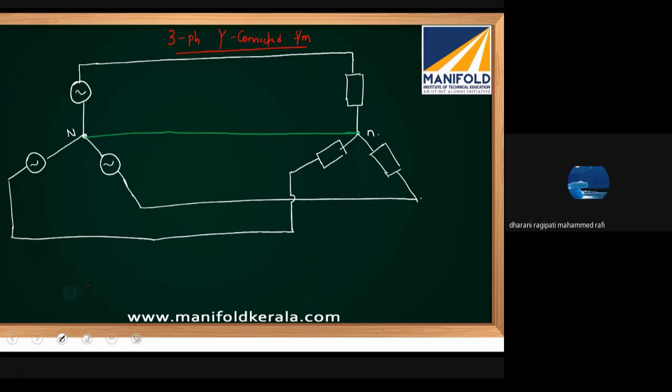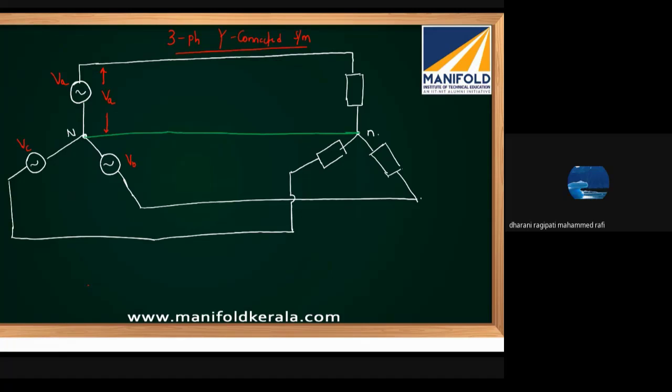Now, if you see, this voltage is VA, A phase, VA, VB, VC. What are these voltages? These are phase to neutral voltages.